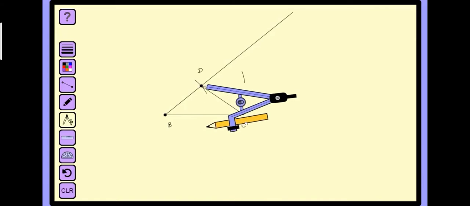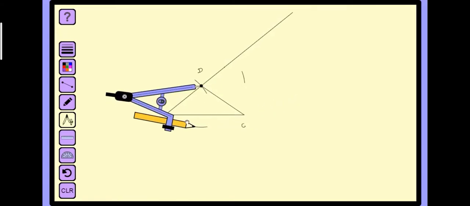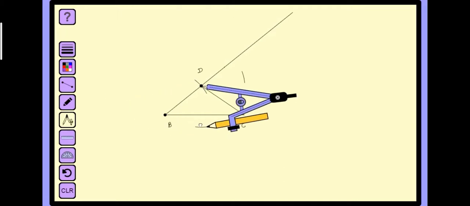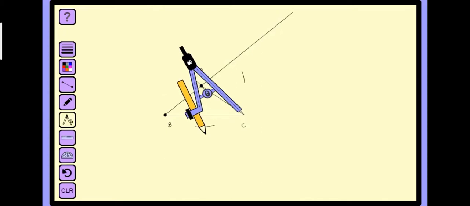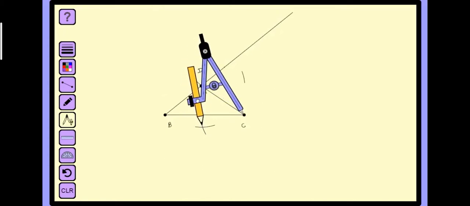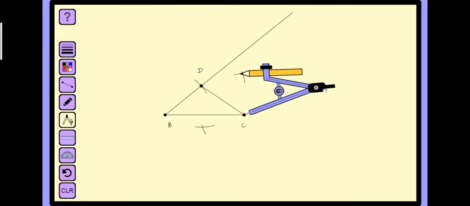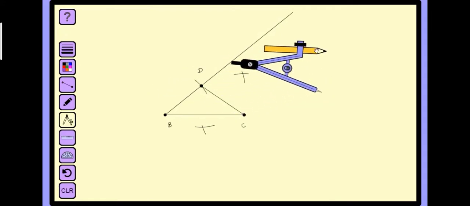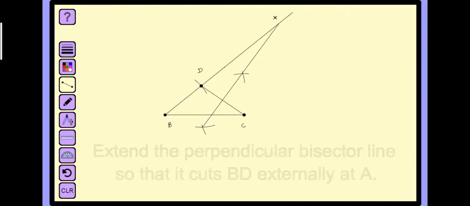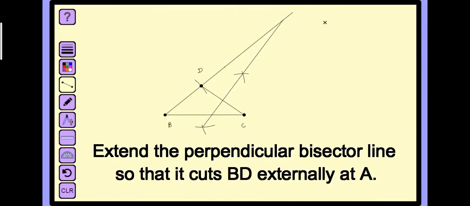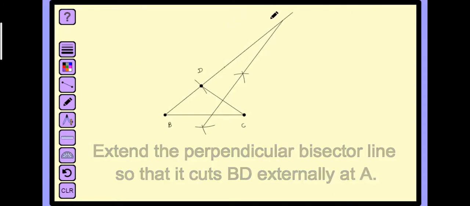By taking more than half the distance of CD, draw arcs upside and downside and join the intersecting points of the arcs. Where the line touches the ray BD, extend the perpendicular bisector line so that it cuts the ray BD externally at a point A. So that is your point A.